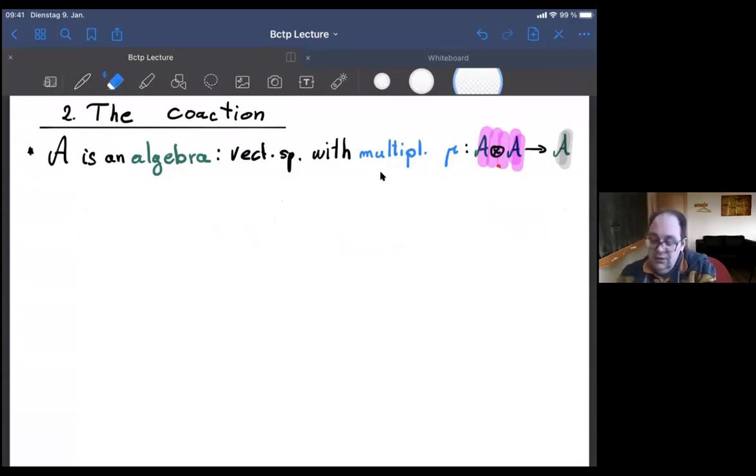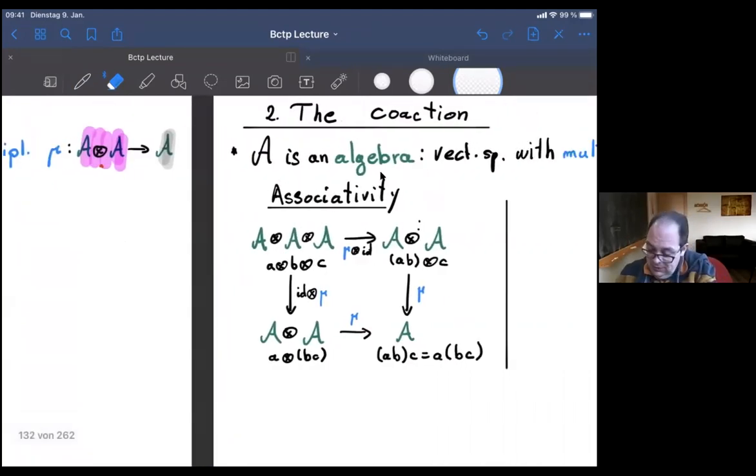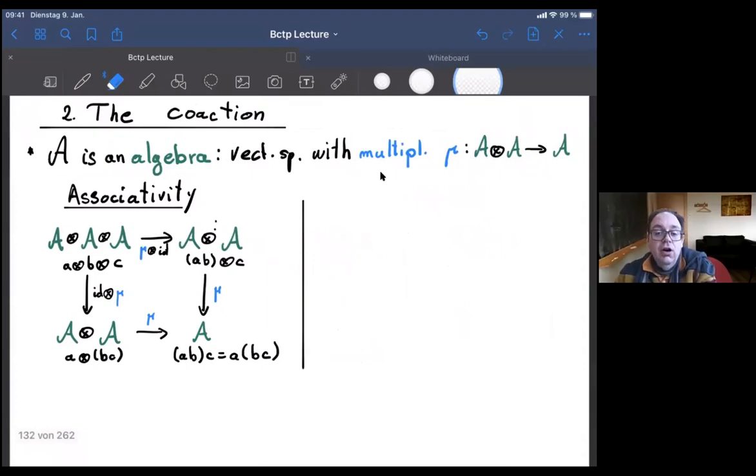Good. Why am I telling you that? Well, first of all, I can now go and have fun, and translate everything I know about algebras into this language. It's not particularly deep, but let's do it nonetheless. For example, I know that if I have an algebra, the product is associative. What does it mean?